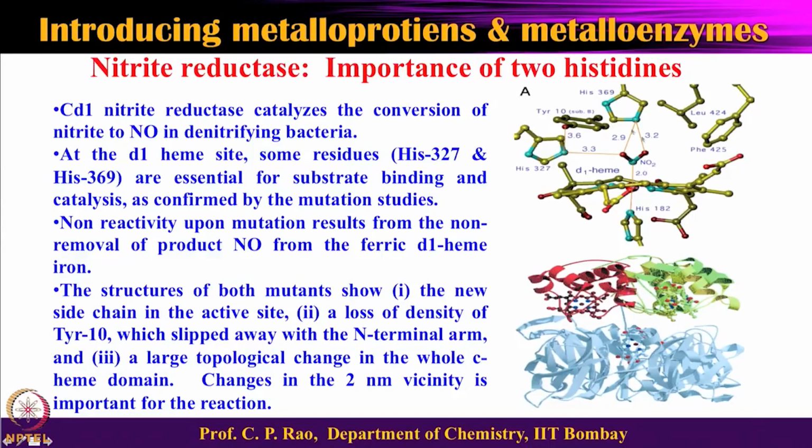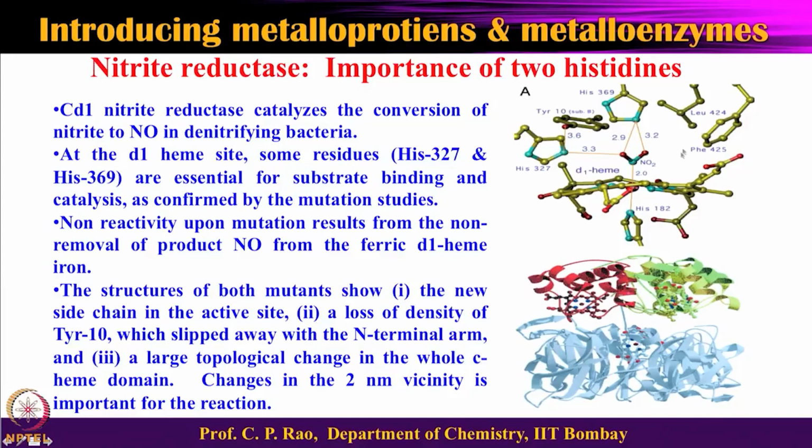So, what happens when you do the mutations? There is some new side chain at the active site, or the tyrosine slips out of this region and the tyrosine density will not be seen that much, and a lot of topological changes also occur in the vicinity of this.